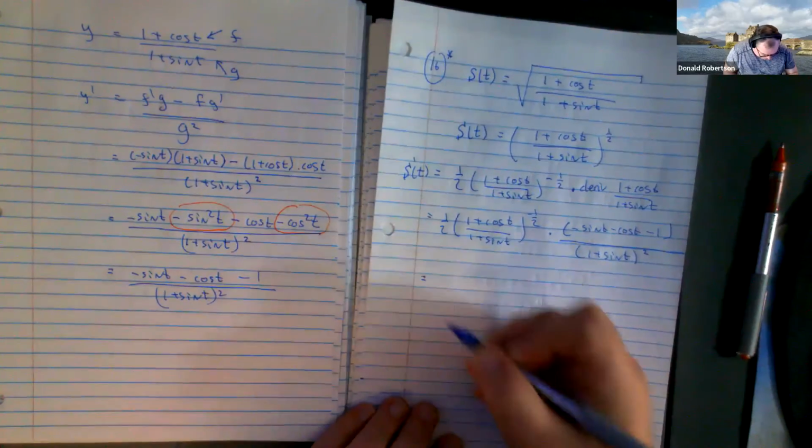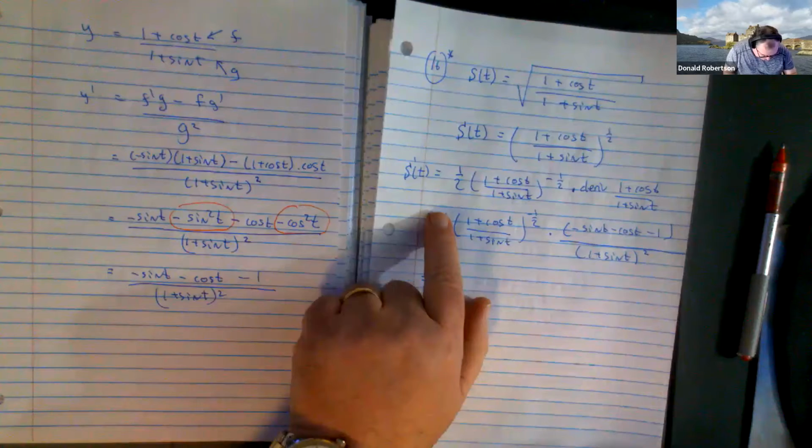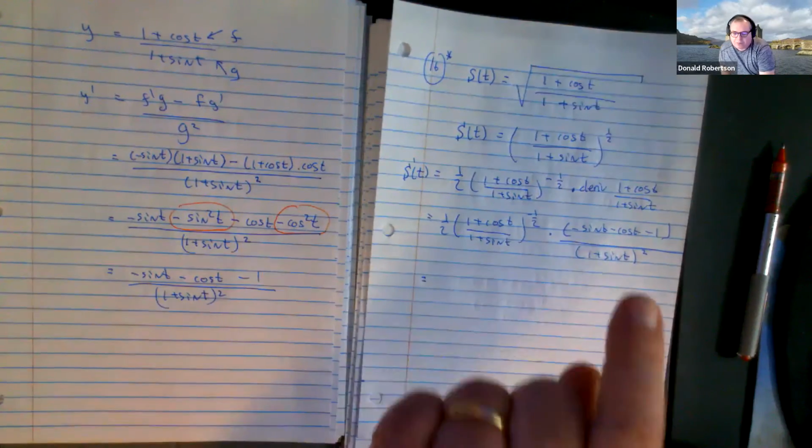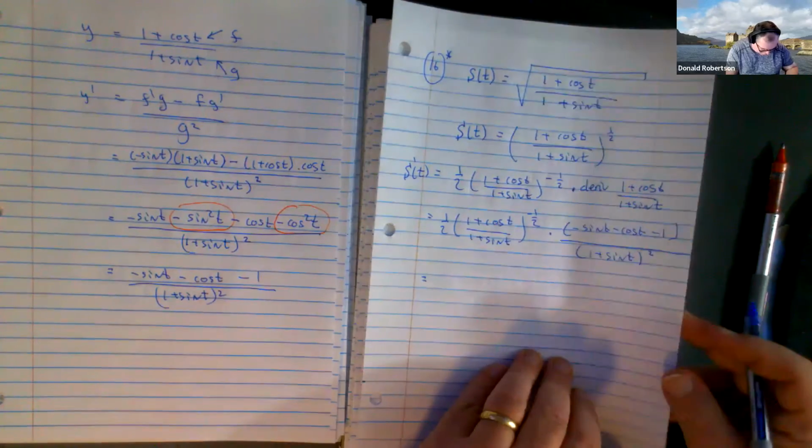Can't really do much with the half, can't really do much with that guy. This fella here is a problem. In fact, he's such an ugly problem, I'm going to do it separately.